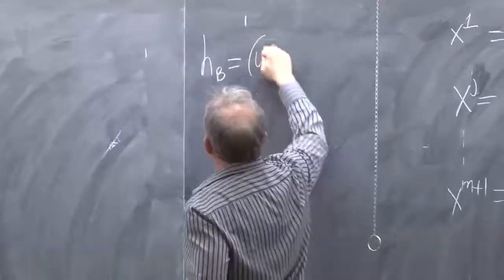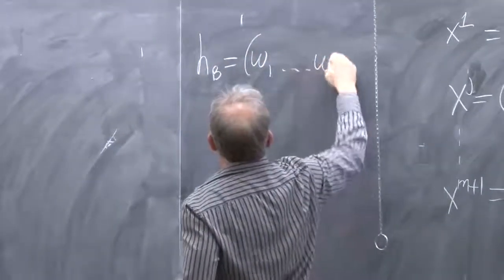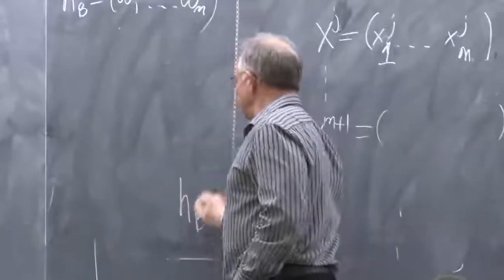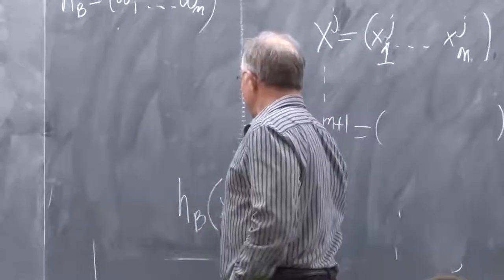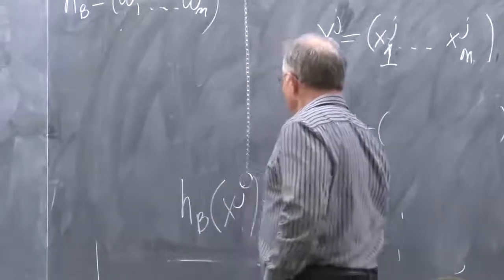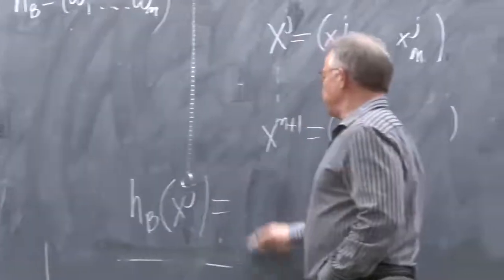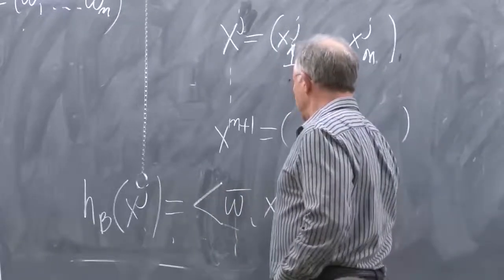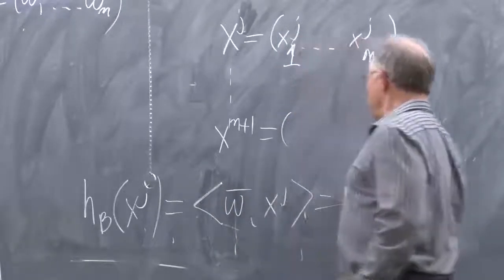HB is a vector of coefficients, w1 up to wn. Now when I apply HB to one of those x's, to xj, I get the inner product of the w vector with the xj vector, which is just the sum.